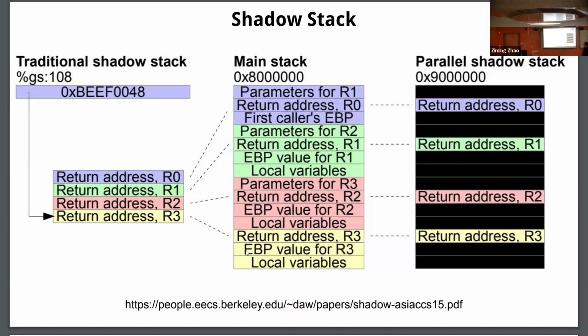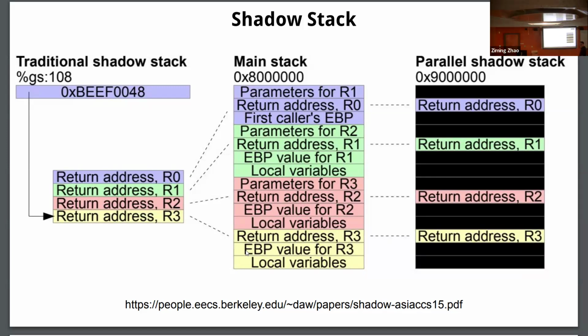The reason we have this buffer overflow vulnerability is one of those functions is vulnerable. It's using some weird functions like gets, strcpy, those kind of things. And by exploiting the vulnerability of those functions, we will be able to override the return address or saved EBP, whatever here, right? So the idea of shadow stack is very simple.